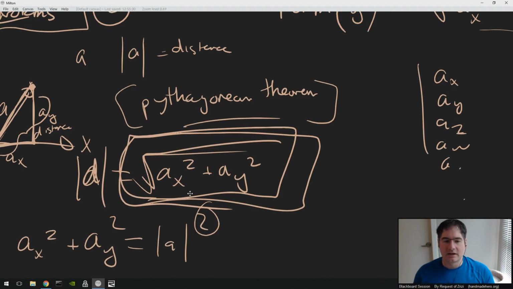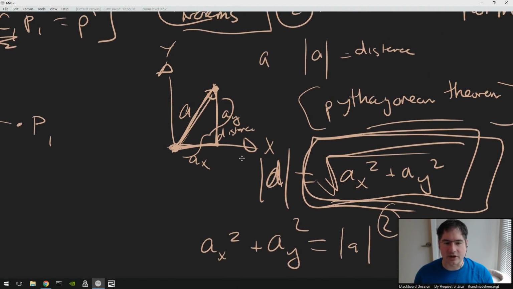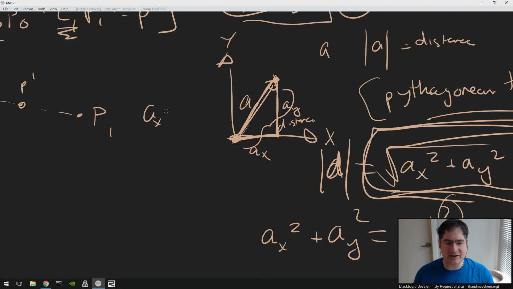So, coming back to what we wanted to know here, well, we've got ax plus ay is the Euclidean 1 norm. We know that the 2 norm tells us this, right? The length of a. What does the 1 norm tell us? Well, what is ax plus ay? It's walking out this far and then walking out this far.